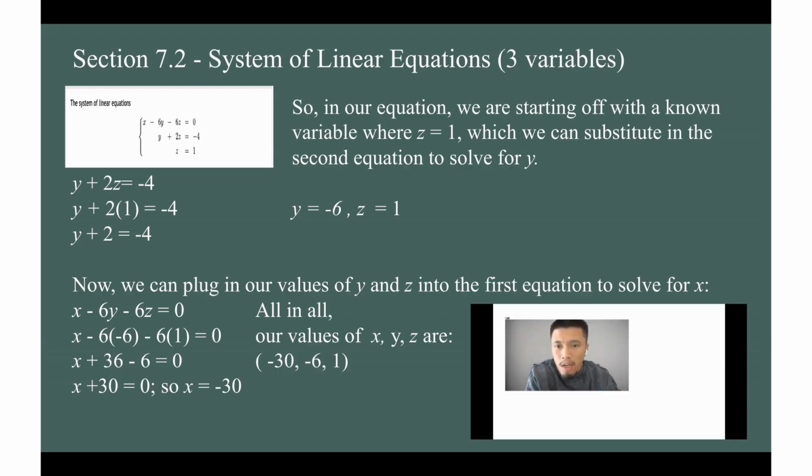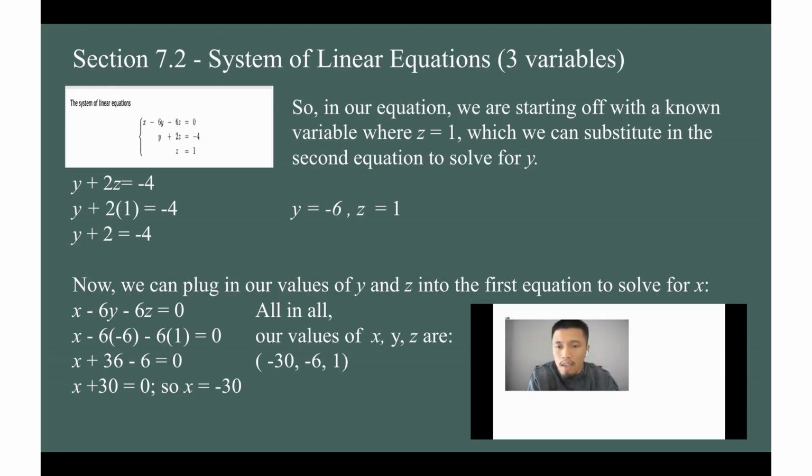And since now we have both values of y and z, we can plug them into our first equation, x - 6y - 6z = 0. So x - 6 times -6 - 6 times 1 equals 0.